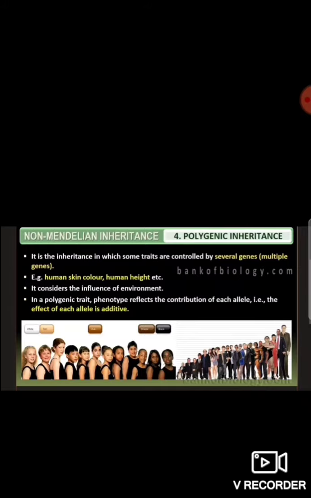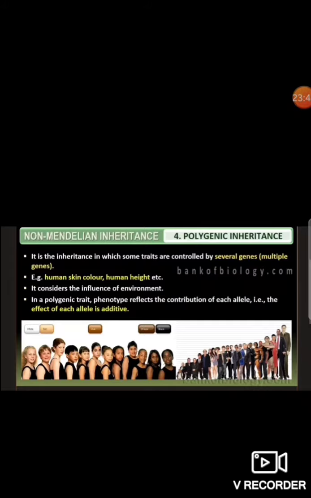Then they might not be so brown, their color might lighten, and they may look a little light in color compared to their same people. So that is why environment also plays a very important role in polygenic inheritance. Very, very important, you have to remember.